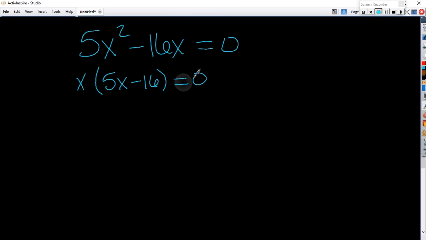But I've got two things multiplied together give me 0. So before we had a 5 in front. We said it doesn't matter what 5 does. 5 is never, ever, ever going to be 0. And you're exactly right. But x can be 0, right? Yeah, it can be. That is one solution.